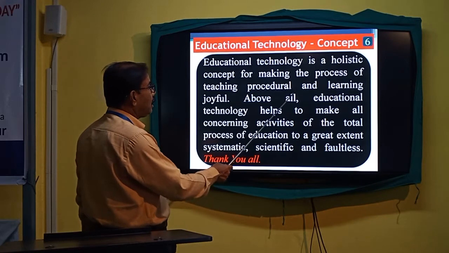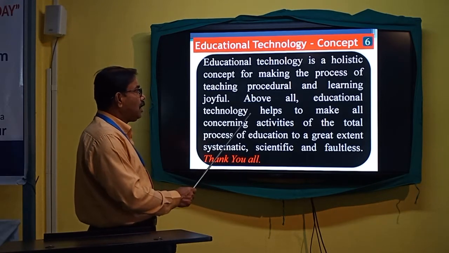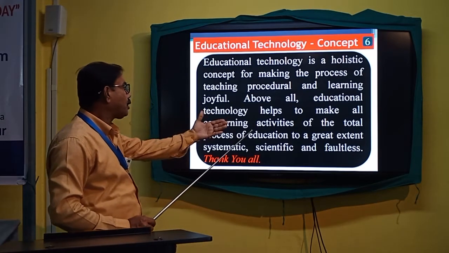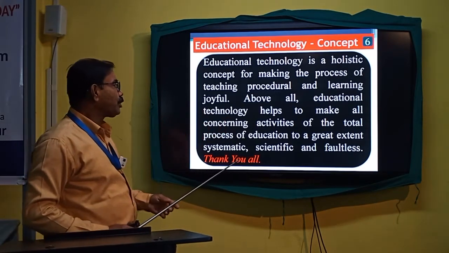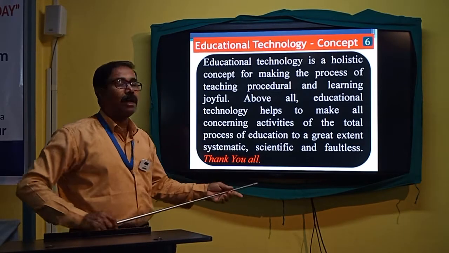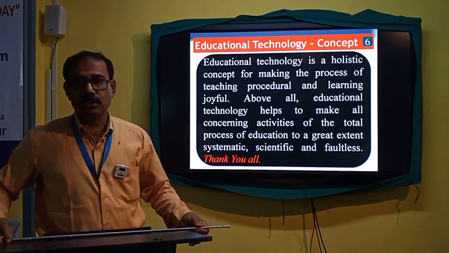Above all, educational technology helps to make all the concerning activities of the total process of education, to a great extent, systematic, scientific, and faultless.